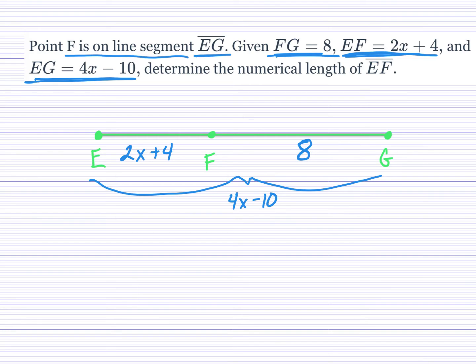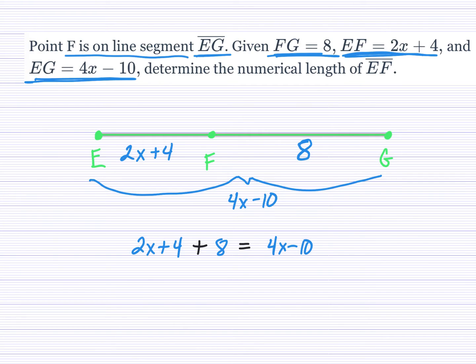It is the segment addition postulate, which says two segment parts, in this case 8 and 2x plus 4, combine together to make the larger segment, the whole segment. So in this case, the whole segment being 4x minus 10.